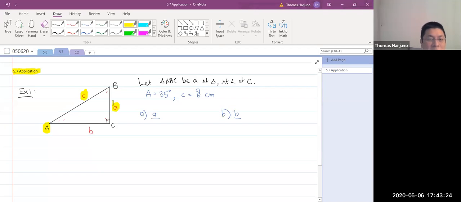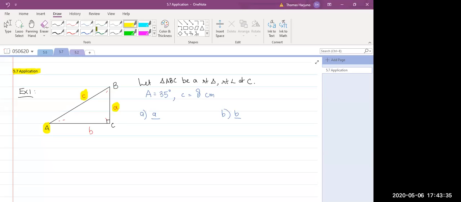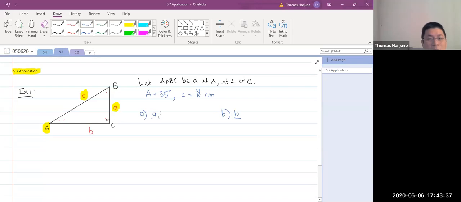Now, what relates these three yellow parts? What trig function relates these three yellow parts? Sine, that's right. So I will write sine A equals a over c. Then plug in numbers: sine 35 degrees equals a over 8. Remember, if it is in degrees, write that degree sign.